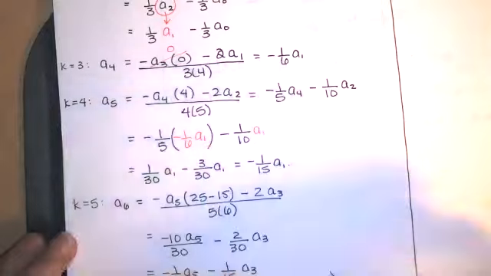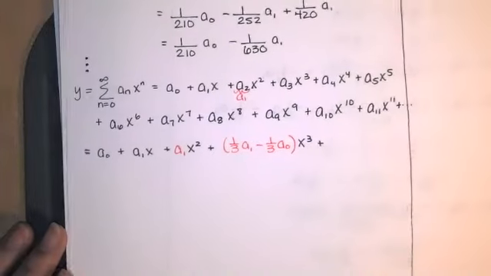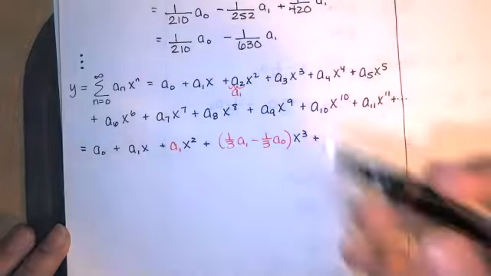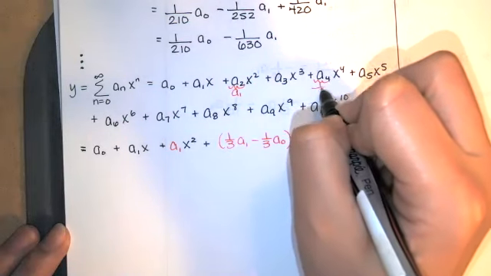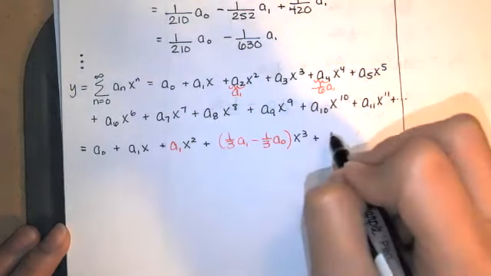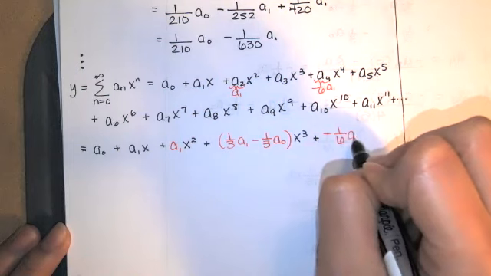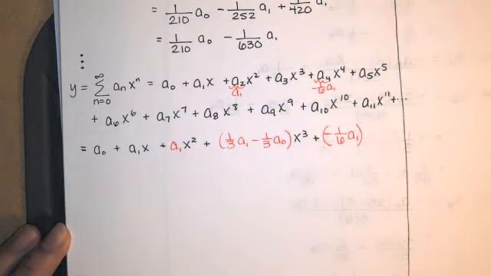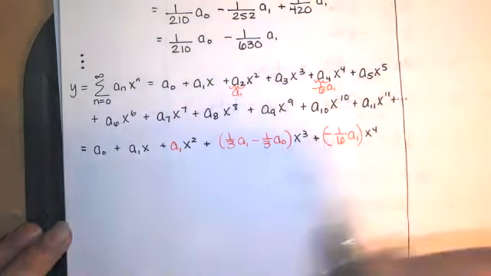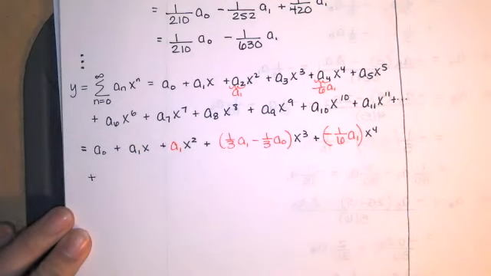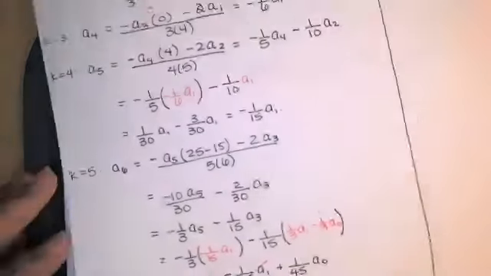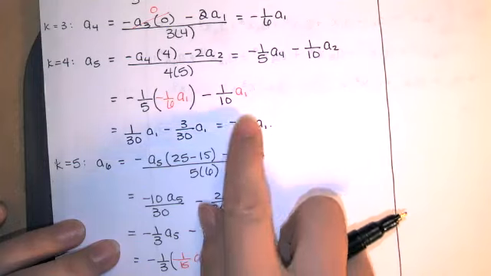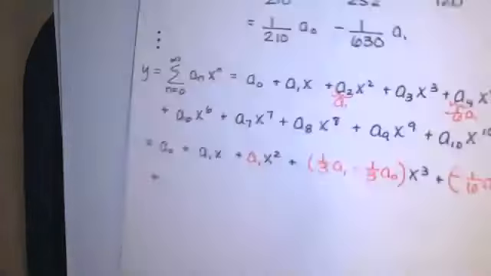A sub 4 was negative 1/6 of a sub 1. That's multiplied by x to the 4th. Then we want a sub 5, which is negative 1/15 of a sub 1.